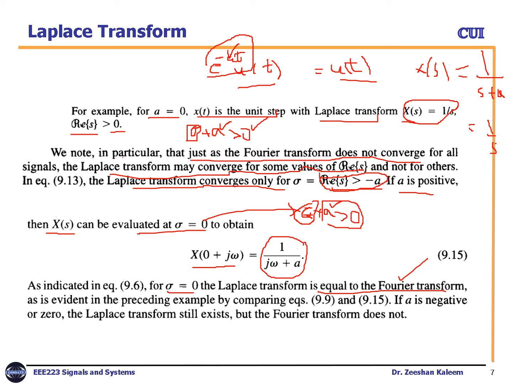And if a is negative or 0, the Laplace transform still exists, but the Fourier transform does not. So we concluded that the Laplace transform exists for the negative value and the zero value as well, and for the positive value, for example a greater than 0, it is equal to the Fourier transform.